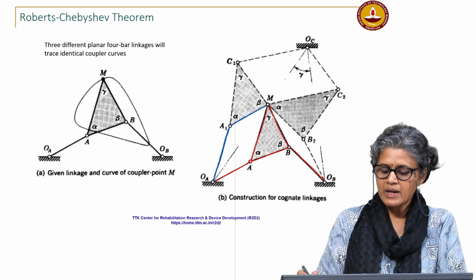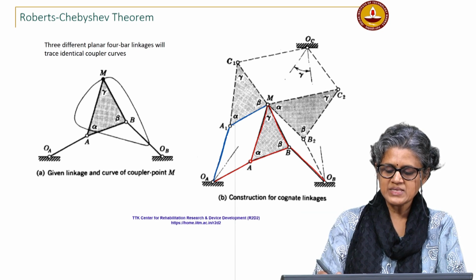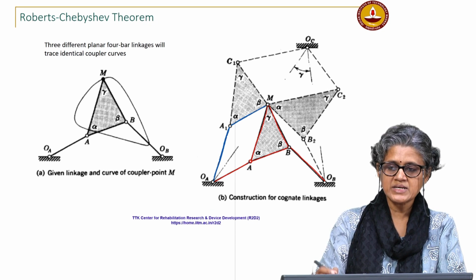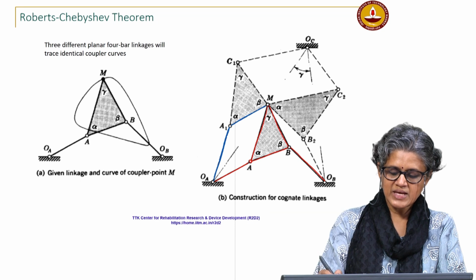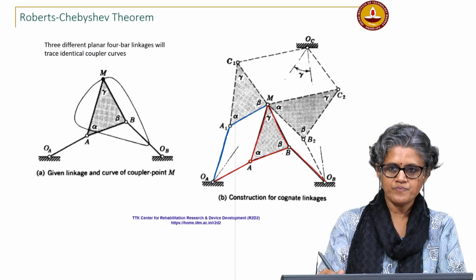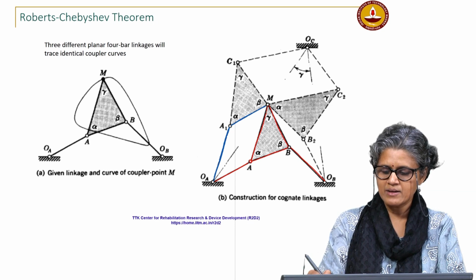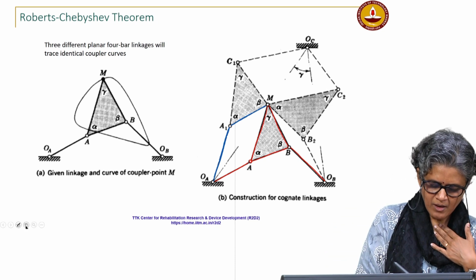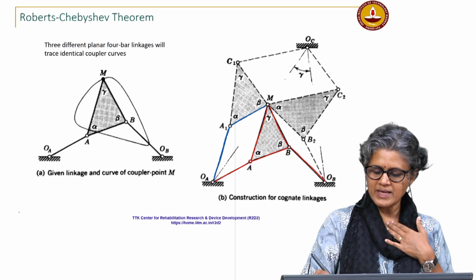Now, using this base, I construct a triangle that is similar to the coupler triangle ABM. I have to follow the same order of angles.